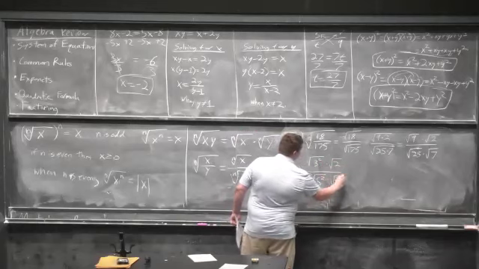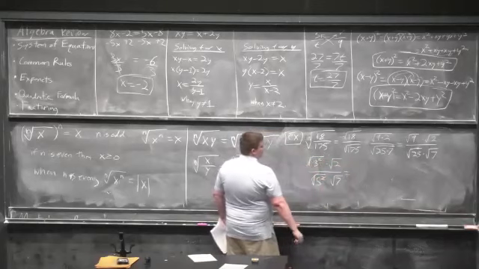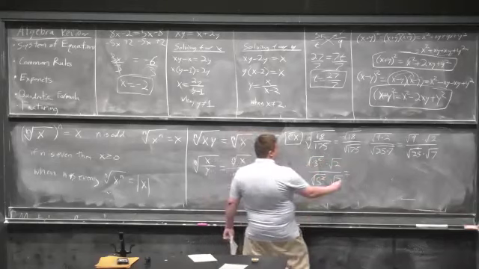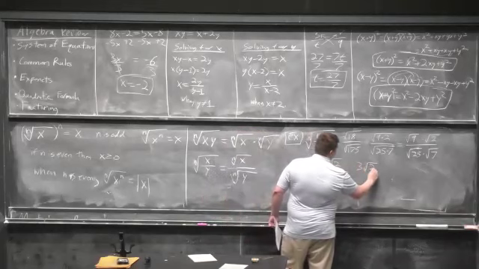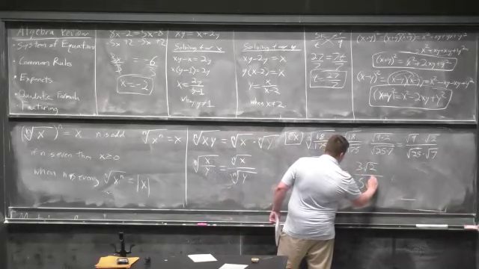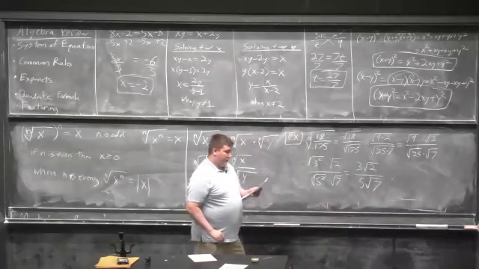And so the square cancels out with the square root. So we get 3 times square root 2 all over 5 times square root 7, and that would be our final answer.